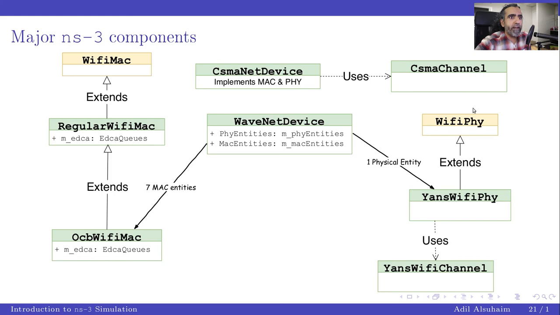And for Wi-Fi PHY, which is physical, there is something called YansWifiChannel. YANS is Yet Another Network Simulator. And as you can see, for the Wi-Fi net device, the Wi-Fi MAC is defined in a separate class, and the physical layer is defined in a separate class, just because it's a lot of code.